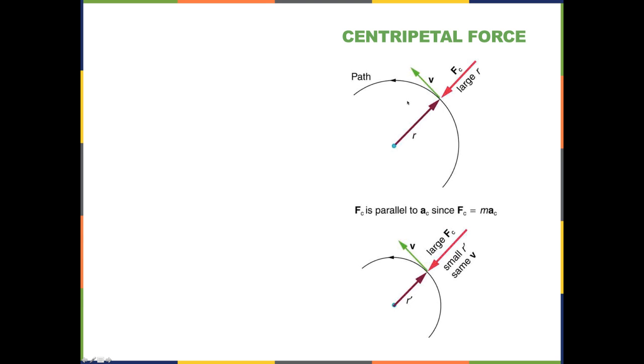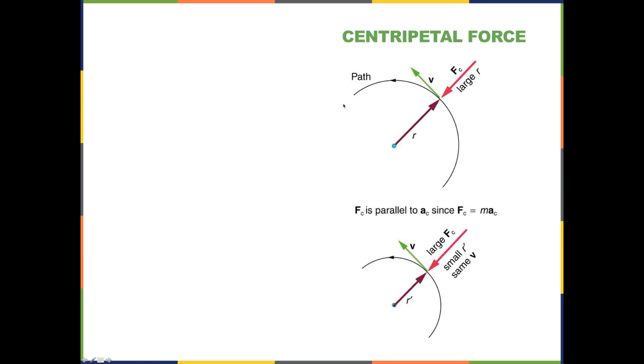Now, if you have acceleration and you have a mass, then you have a force, according to Newton. So centripetal acceleration is associated with centripetal force, and the force is in the same direction as the acceleration.